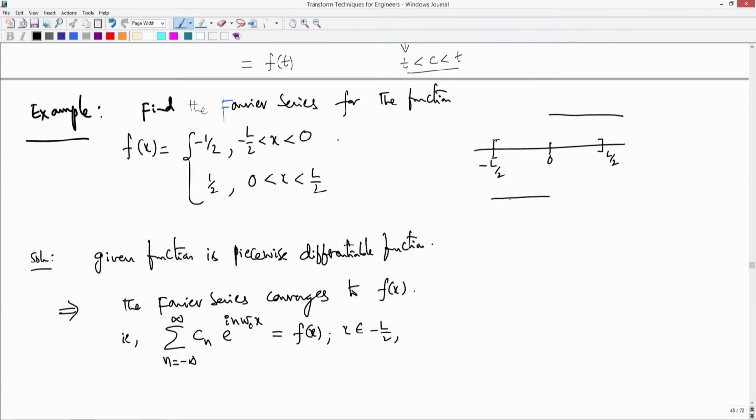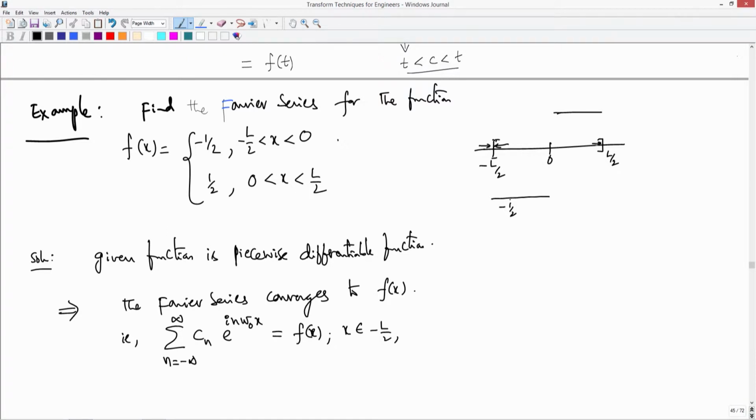At this point the right side value is minus half, and the left side values you have to consider here. So, this limit is minus half at this point. Here if you look at this side, you can always view the values here.